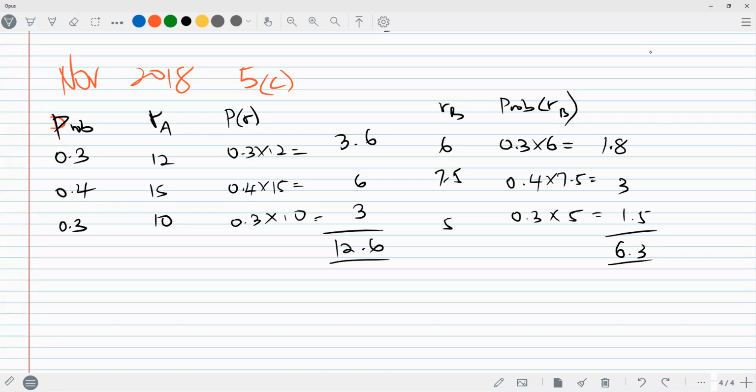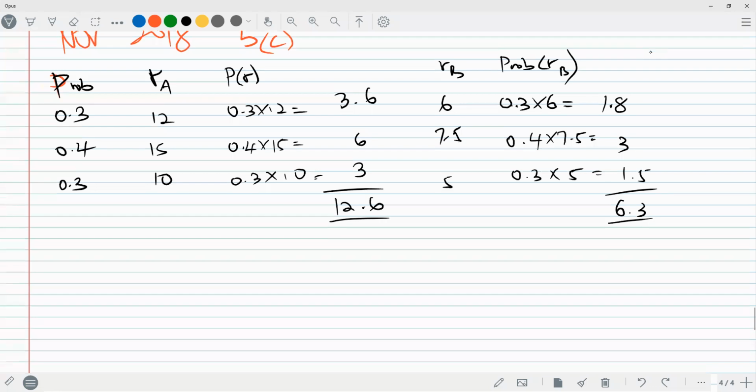The next will be now to get the standard deviation. Of course, you need first to get the variance before you get the standard deviation. So begin with A, probability 0.3, 0.4, 0.3. You don't need to have done this, but either way.